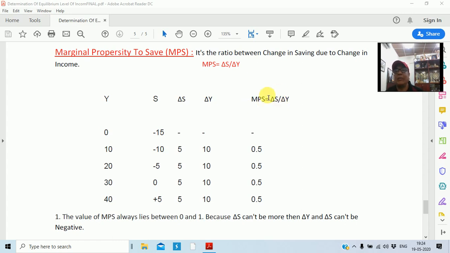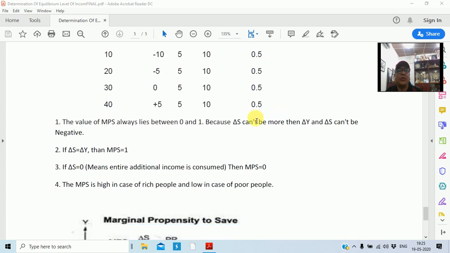So what is the minimum value of MPS? 0. Under what circumstances? When delta S is 0. And what is the maximum value of MPS? 1. When delta S is equal to delta Y. If delta S is equal to delta Y, MPS is equal to 1. If delta S is equal to 0, it means all increased income has been consumed. The entire additional income is consumed. Then MPS is 0.